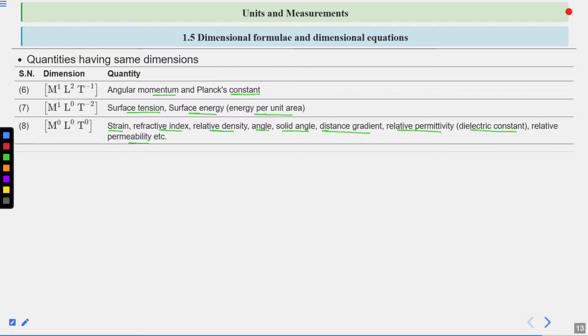Yes, angle is also a dimensionless quantity. So it will be M0 L0 T0 with square brackets. Clear? Any doubt regarding dimensional formulas and dimensional equations? This is clear?